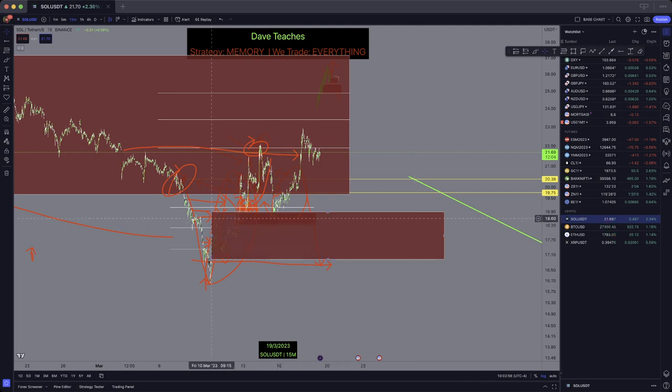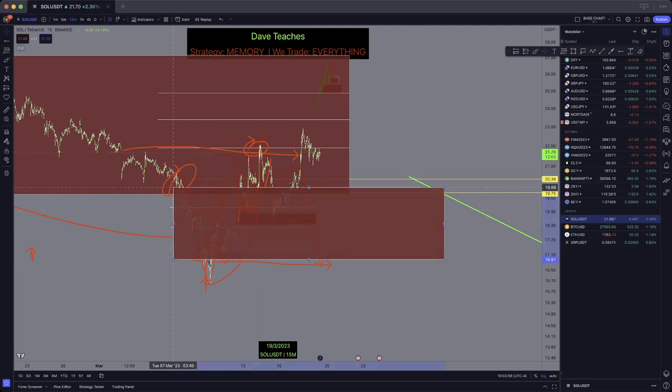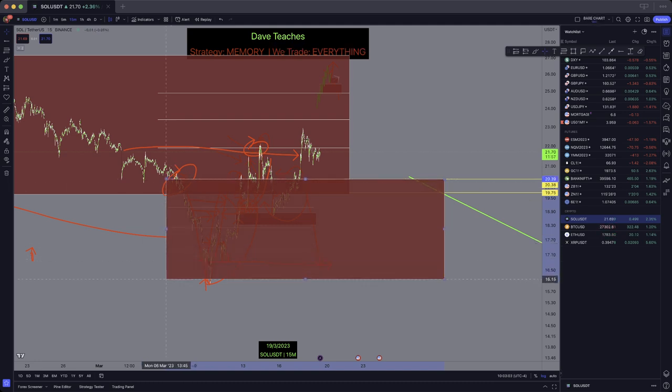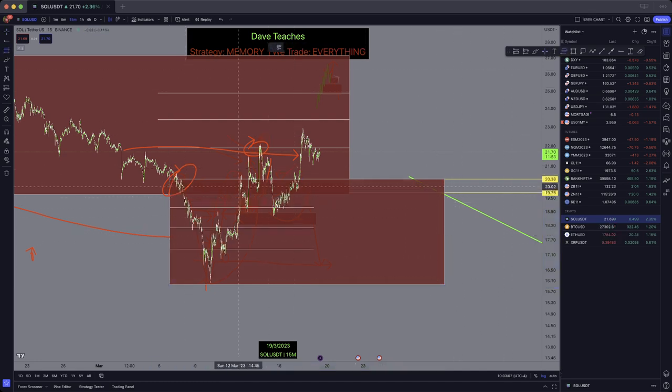So what does this demand do for us? What does price do when we make our way back into our demand? 30% tap to 30% tap up above. Comes back to the 30% below.